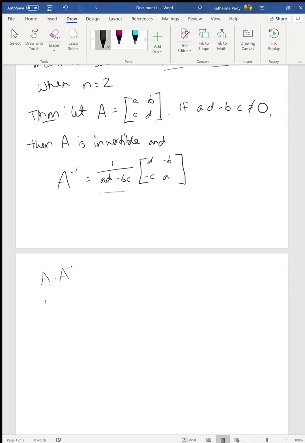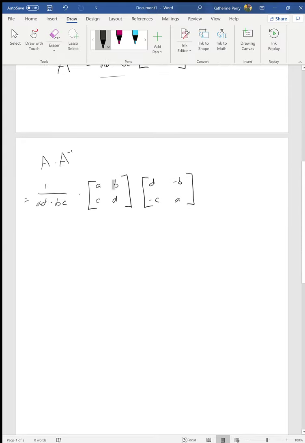So this is equal to 1 over ad minus bc times my matrices: [a, b; c, d] times [d, -b; -c, a].